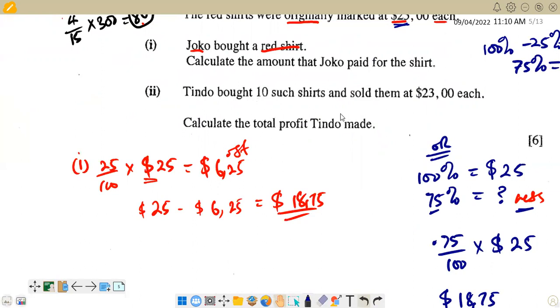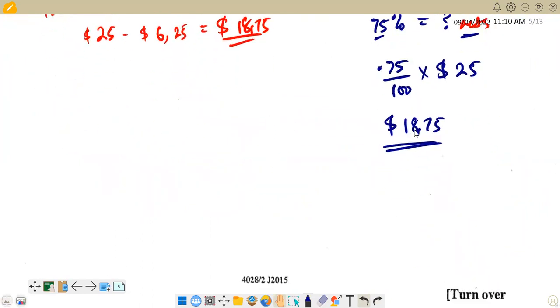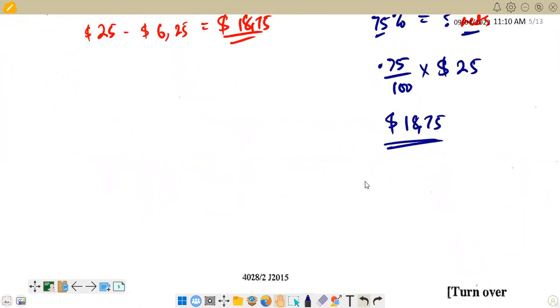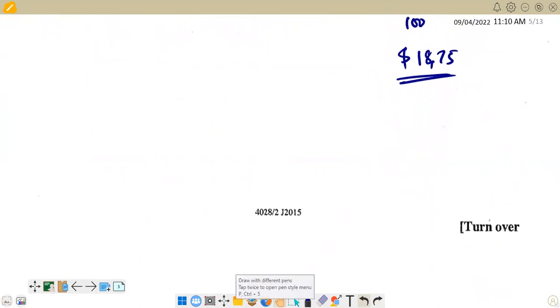So we can ask ourselves, from the shirts that we have got in this case, how many shirts are we going to have? We can calculate the total amount that Tino bought these shirts for. Remember, each shirt, when 25% is removed, is now costing what? $18.75. And this guy had to buy 10 of them. Okay, so we are saying this is now item 1, item 3, or item 2.